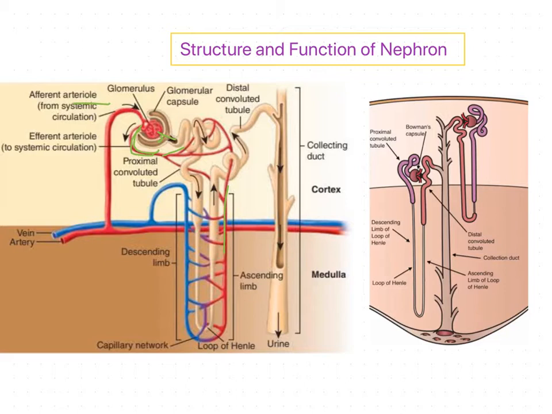So whatever filtrate comes from the glomerulus enters into the proximal convoluted tubule and loop of Henle, up to the distal convoluted tubule.